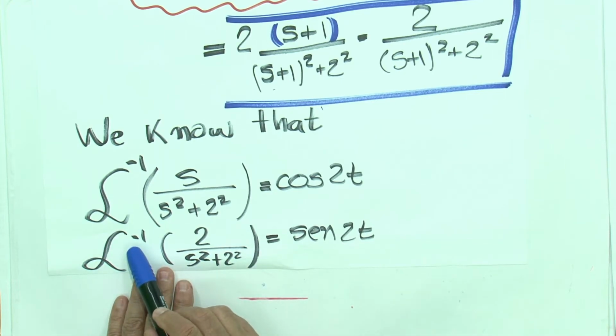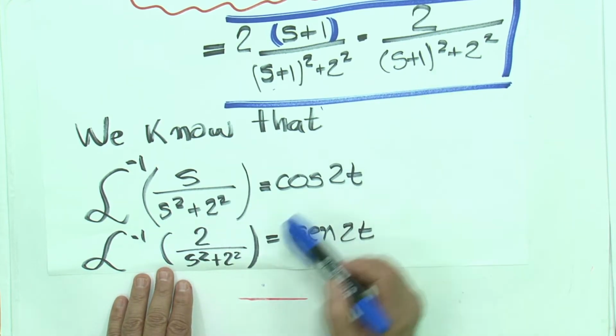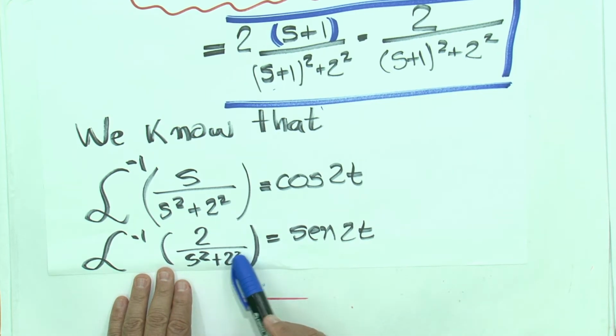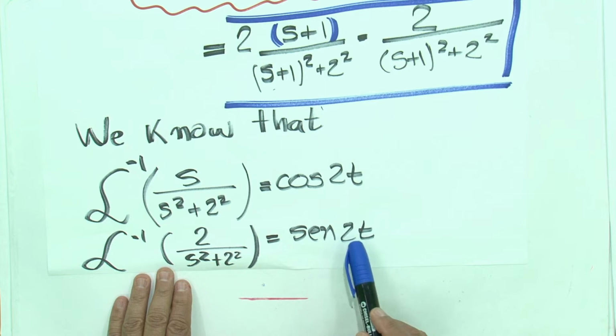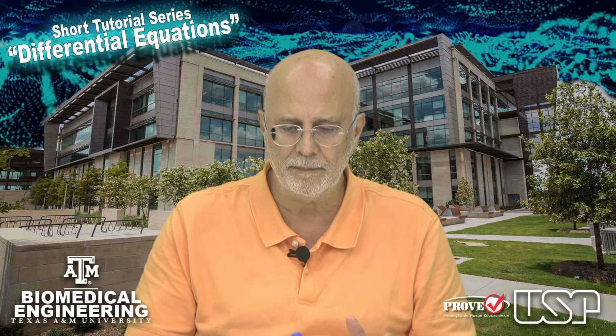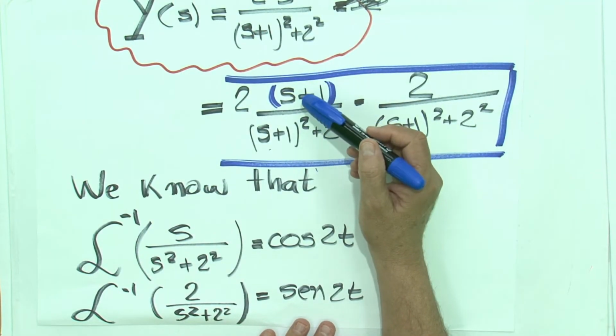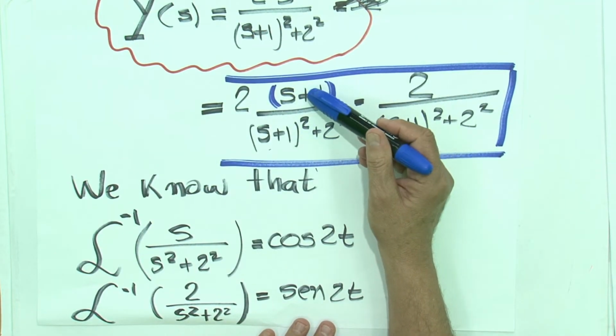Therefore, the inverse Laplace transform of this quantity here, 2 divided by s squared plus 2 squared, is sine of 2t. I know that.